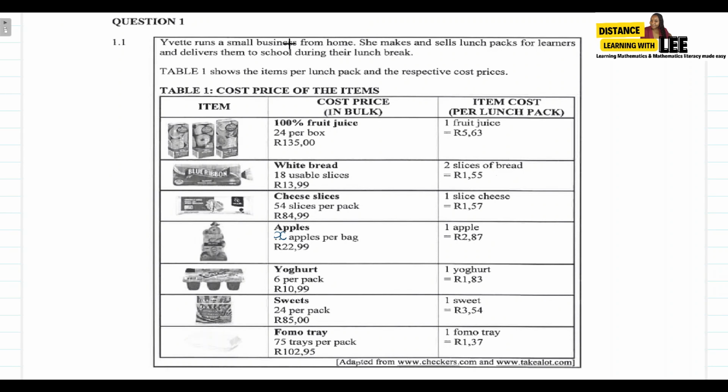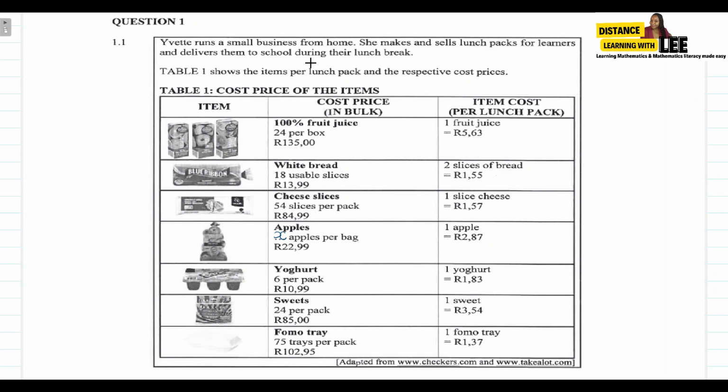So this lady Yvette runs a small business from home. She makes these lunch packs and then she sells them to learners, and she also delivers these lunch packs to the learners at their schools during their lunch break.